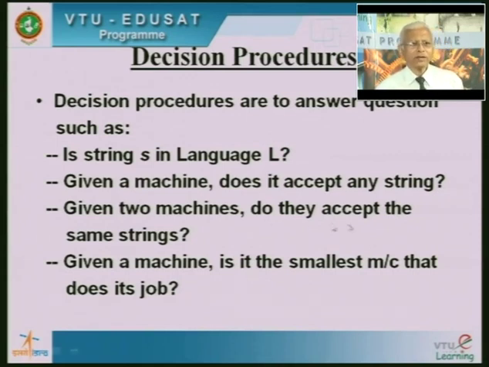Now, the next is, given a machine, is it the smallest machine that can do the job? Yes, again it is minimization. We have tackled such problems wherein there were 3 states and we reduced it to 2. That is the minimum, wherein we had the concept of equivalence classes. With that we are able to reduce the states of the DFA.